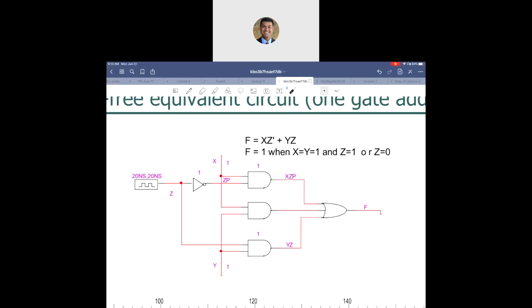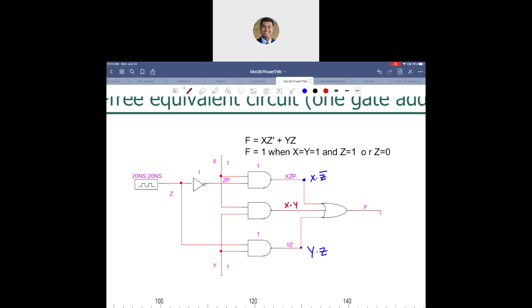Here is the fix. Same logic. This is the fix. This one is xz complement. This one is yz. And in red, I can write x and y over here.